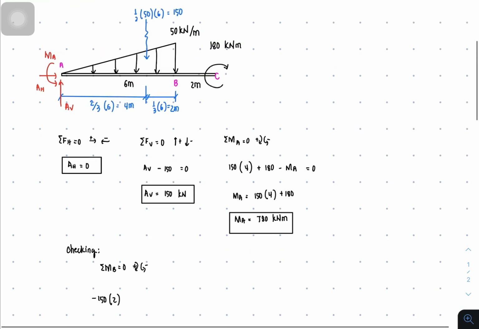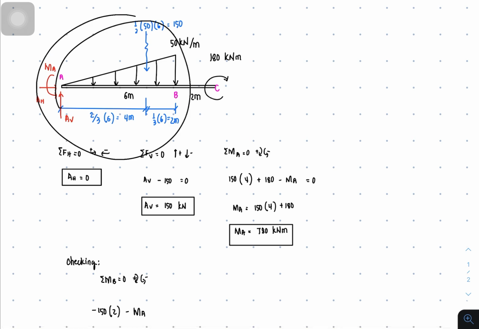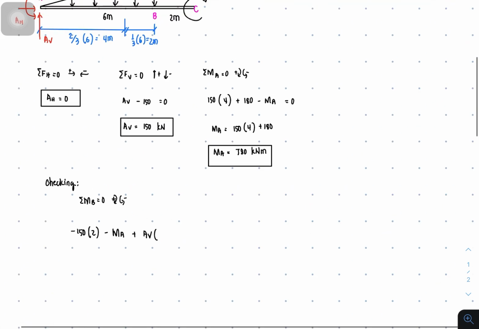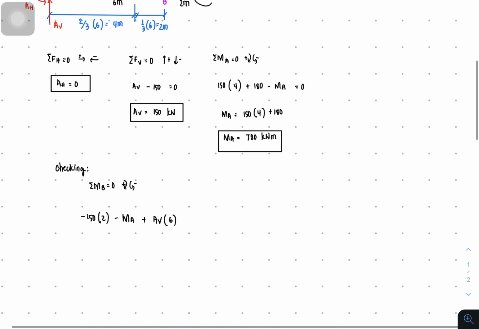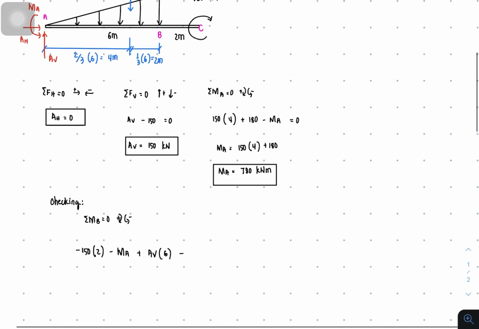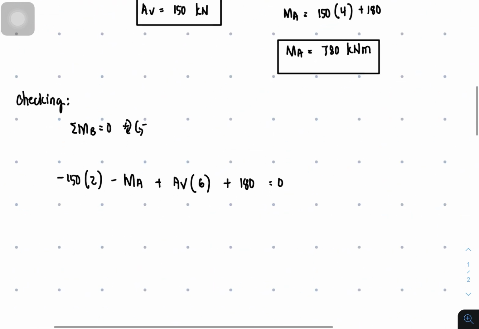And then MA is counterclockwise, so that's negative MA. And then AV will rotate about point B with a clockwise direction, so it's positive AV, and the moment arm is 6 meters because the distance of point A from point B is 6. And then the last one is 180, positive because it's clockwise.